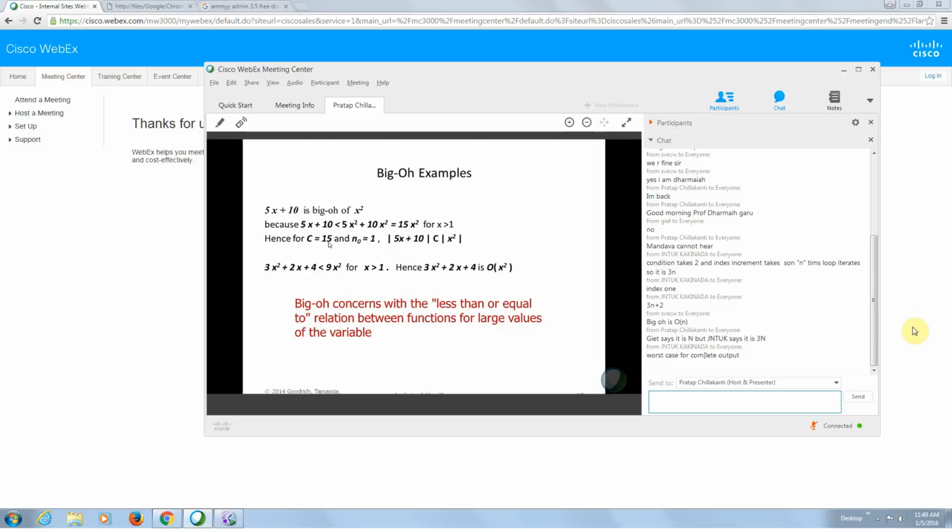So when you give c equal to 15 and n equal to 1, you get that equation, and this becomes the order of x squared because it is less than or equal to. When you say order of, what it basically means is the f function is less than or equal to the g function. Now I'll go back to the previous slide.